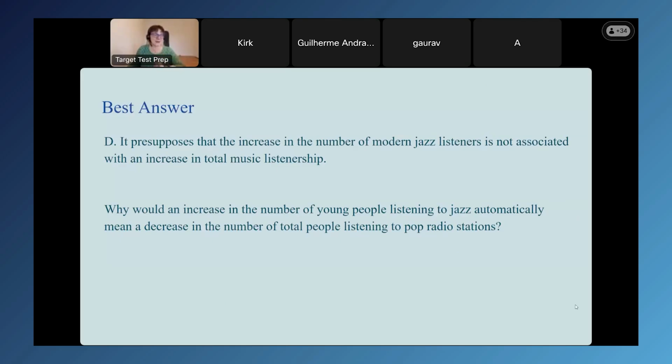Hold on, let me figure out the polling because I don't think I did polling for these last time. So let me see if I can do it. If not, we'll just have to put it in the chat. I think there's a way to do multiple answer. Maybe, we'll see.